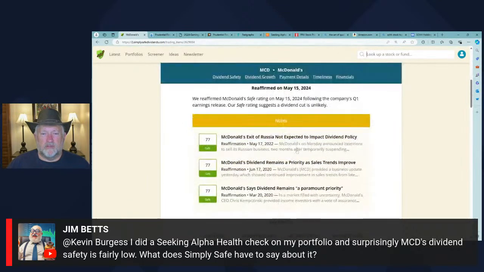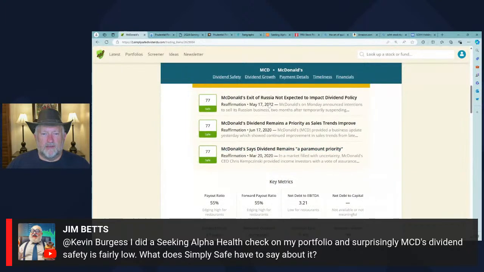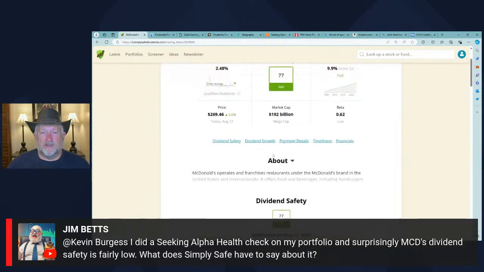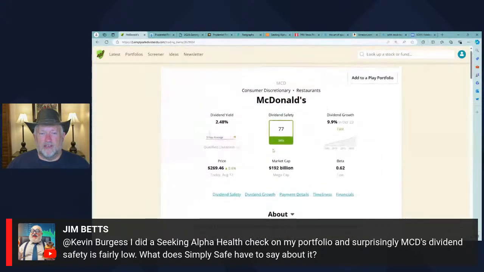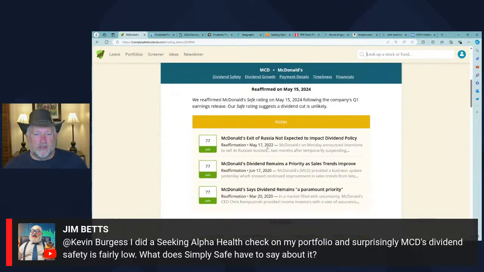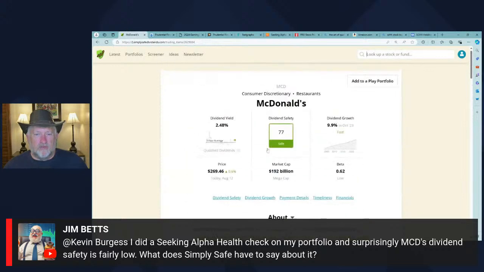They've been at 77 for quite a while, at least the last 4.5 years, since March of 2020. So I don't see anything in Simply Safe that would say there's anything weird going on with the dividend for McDonald's. So yeah, I'm not really sure.